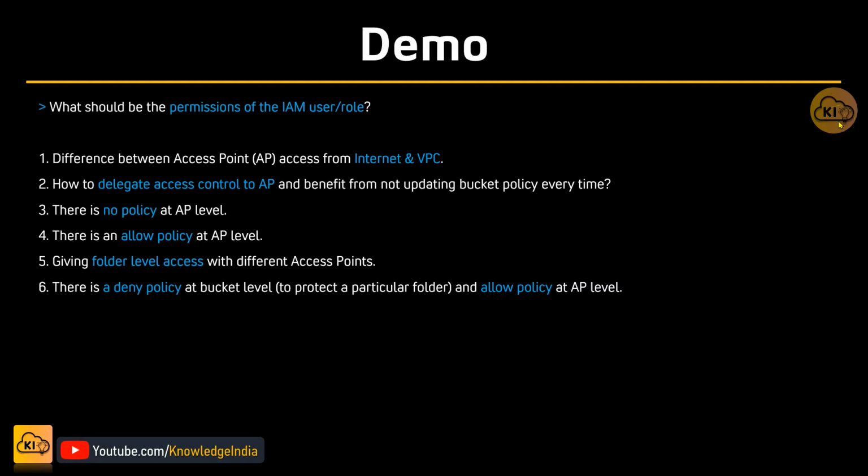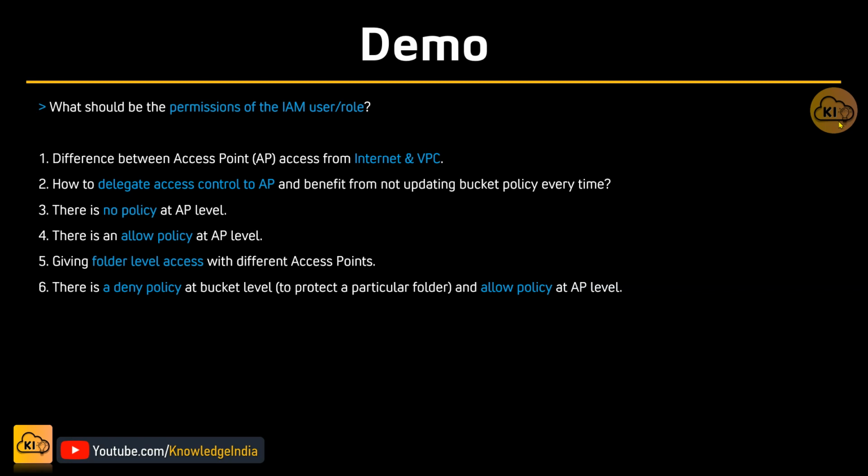The next one which I want to show you is how you can protect a particular folder by specifying a deny statement at the bucket level, right? If you think about how your operating model is with access points, maybe an S3 bucket got created, and post that you have allowed, either via infrastructure as code or by ClickOps, a team to go ahead and create a new access point.